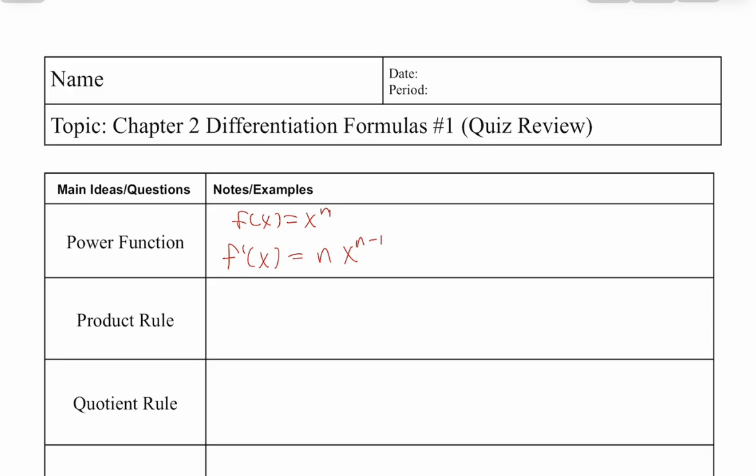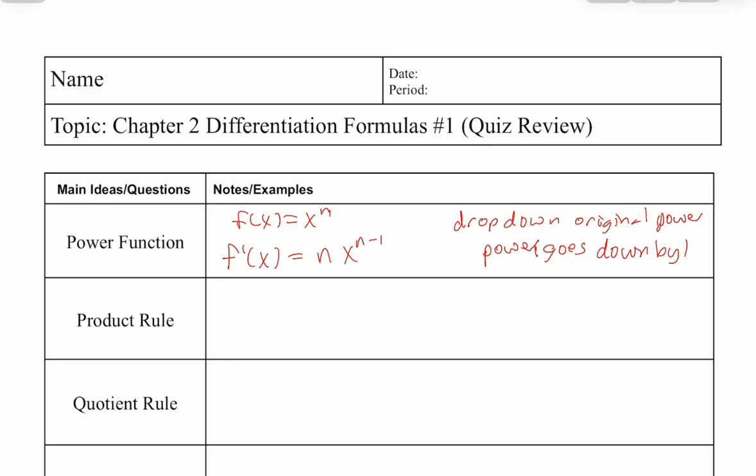Now, if we think about what that does, you drop down the original power and the power goes down by 1.